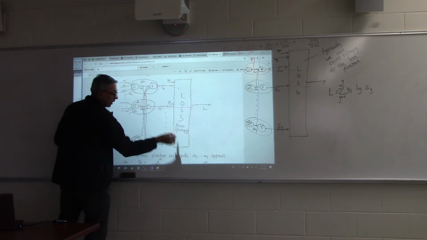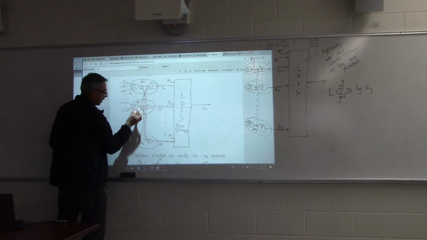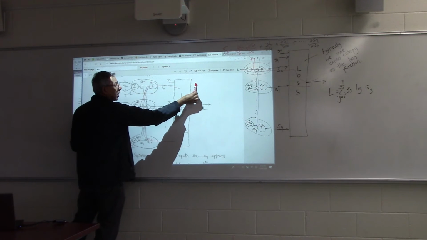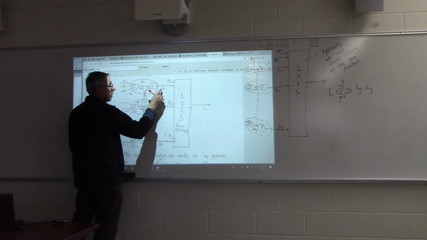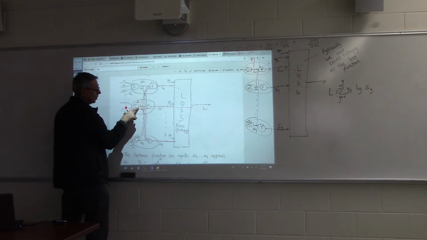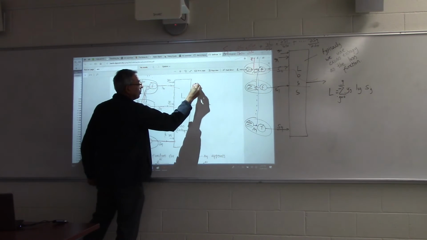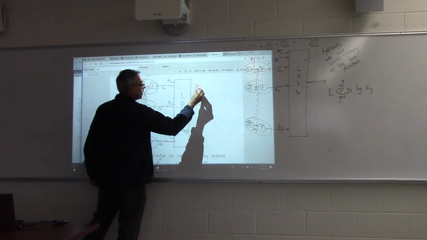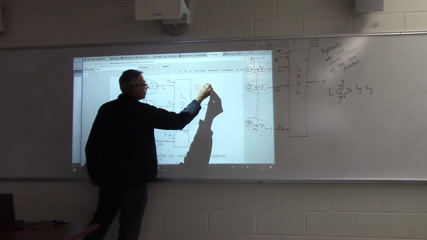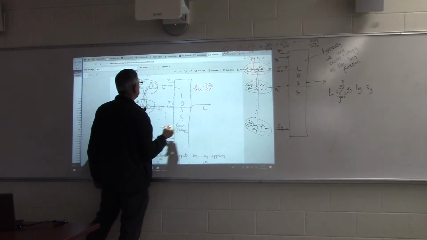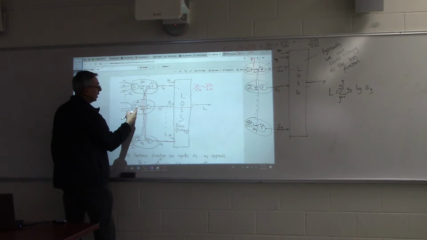Another, similarly 2, 3, and similarly over here is the other path. So you can see partial L over partial S0 times partial S0 over partial S1, right? From here to here.